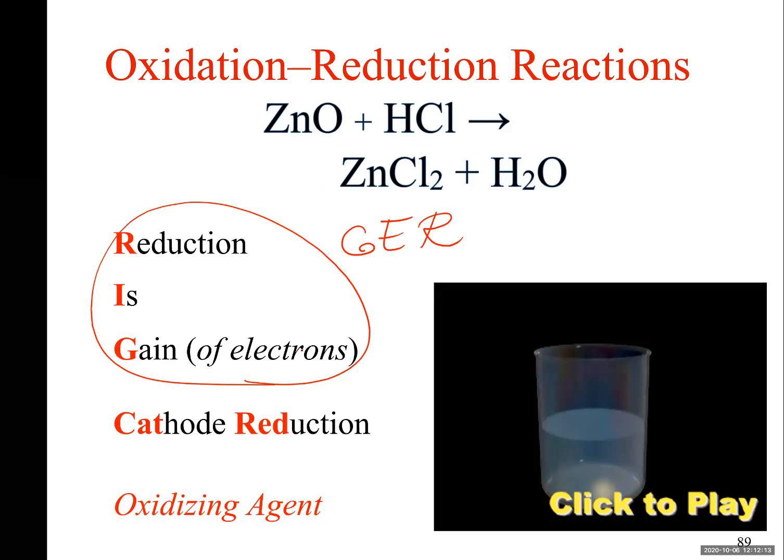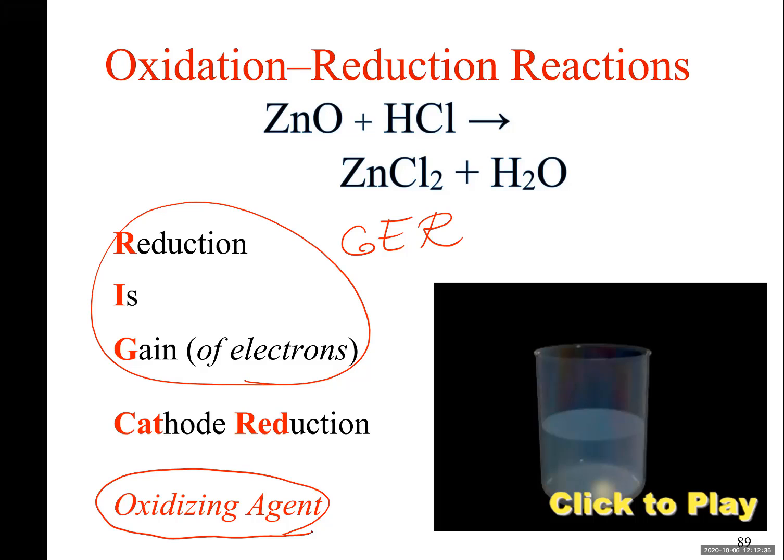Whatever is being reduced causes oxidation to the opposite partner. So things which are reduced are called oxidizing agents. Things which gain electron are reduced. But where is the electron coming from? From another reagent.